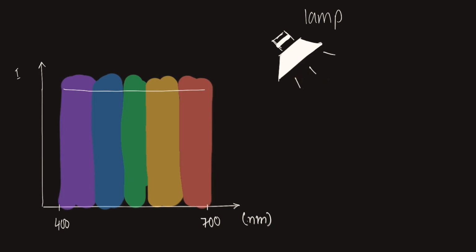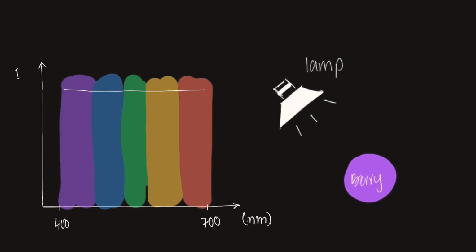Let's say now I have a blueberry and the lamp is shining equal light onto it. When I say equal, I mean they're all of equal intensities, white light. So the berry looks blue to the eye, right?